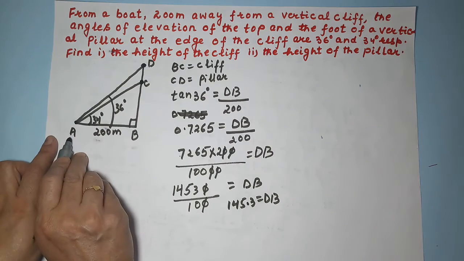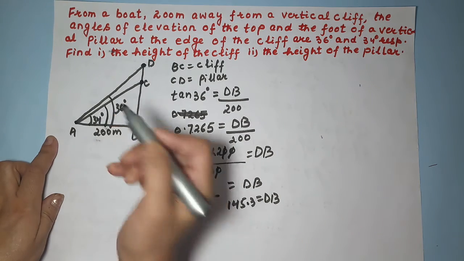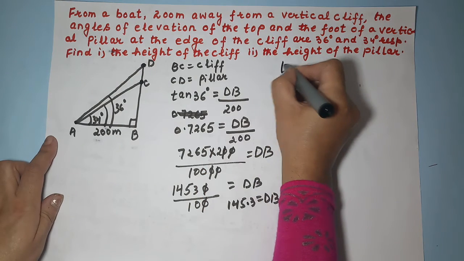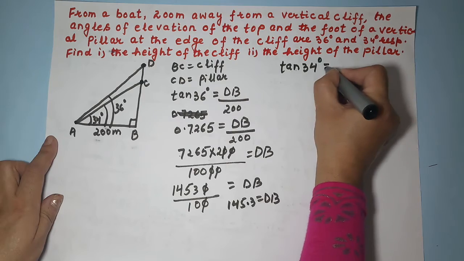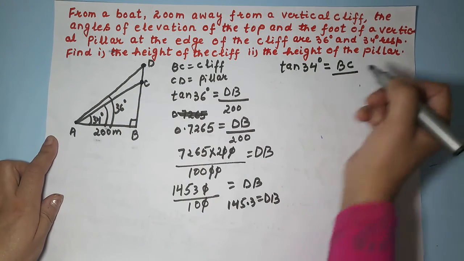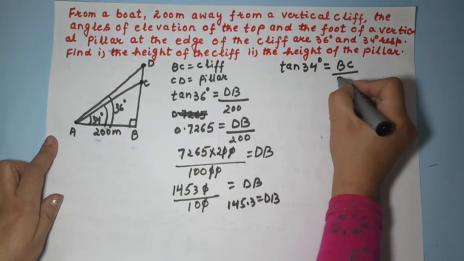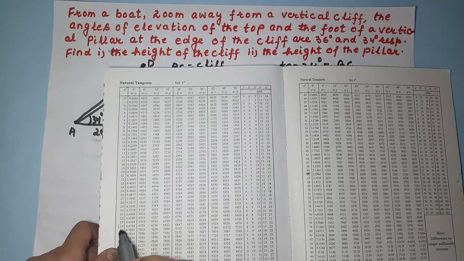Now I will go to triangle ABC. How much is the angle here? Tan 34. So in this triangle, tan 34 degrees is equal to opposite, which is my BC, upon AB, which is my 200. Okay, let me find the value of tan 34 from the book.